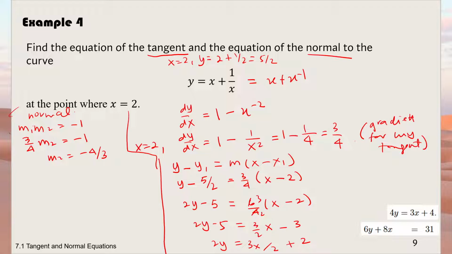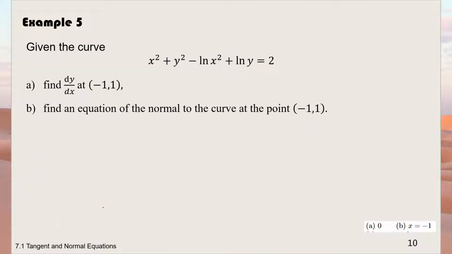We repeat this process again with the new m, which is y minus 5 over 2 equals negative 4 over 3 times x minus 2. Now we do the same way: cross multiply everything, and by the end you will get your answer as 6y plus 8x equals 31.